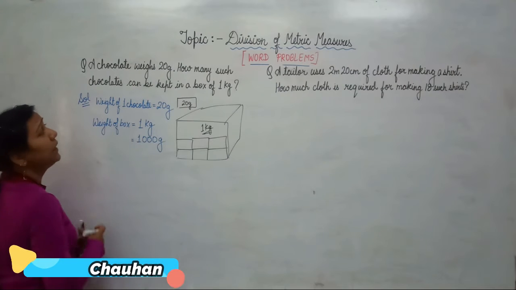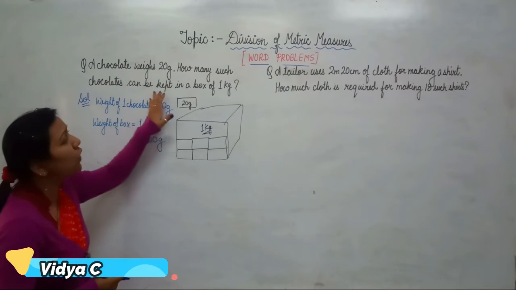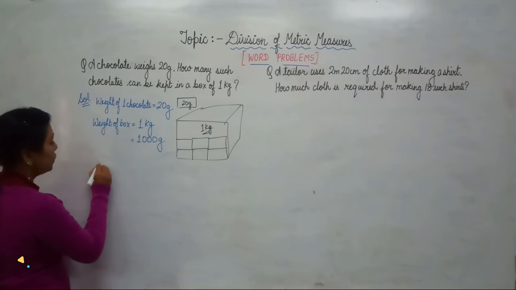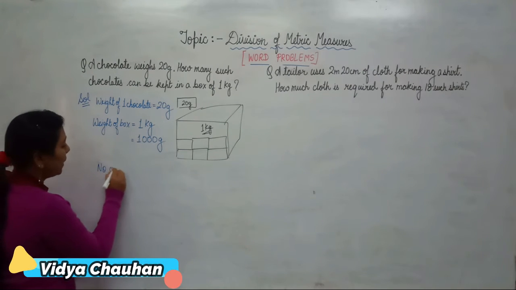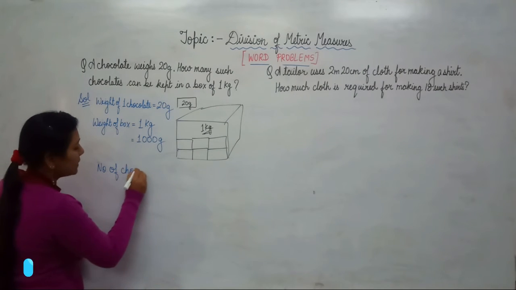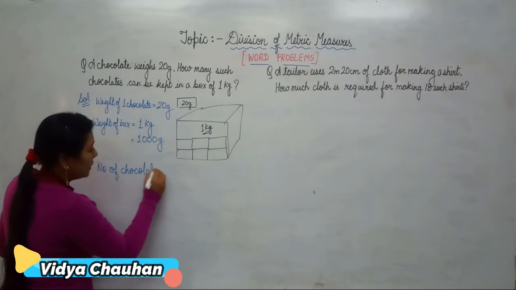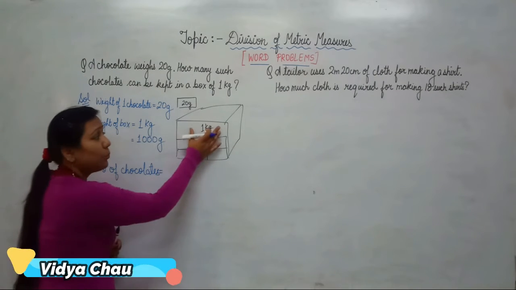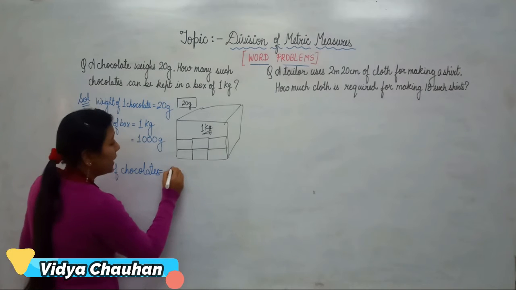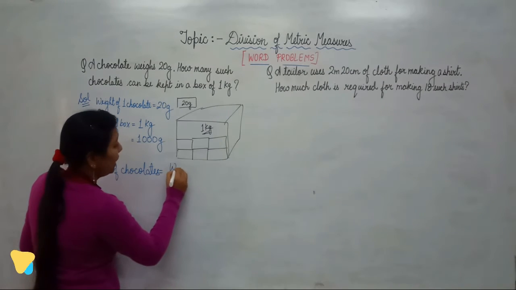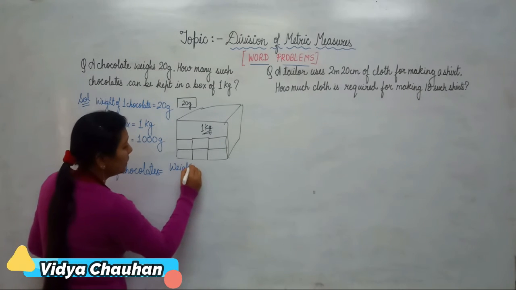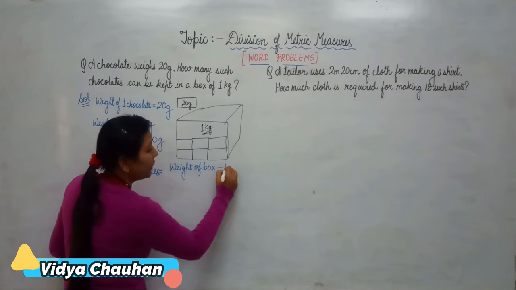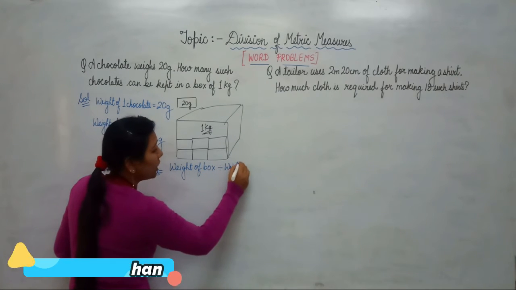Now, in the next step, you have to find the number of chocolates which you can put in the box of 1 kg. So in the next step, you will write number of chocolates. The number of chocolates that we can keep in this box of 1 kilogram is equal to weight of the box divided by the weight of one chocolate.